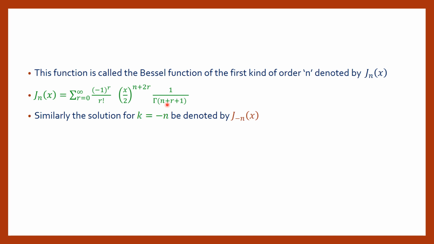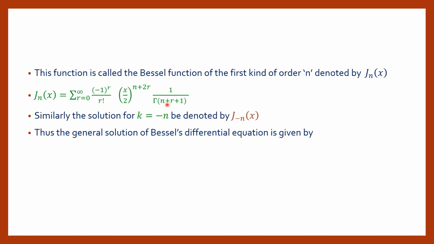Similarly, when k equal to minus 1, we will get another solution, and this solution we denote as J minus n of x. Thus, the general solution is written y equal to a Jn of x plus b J minus n of x, where a and b are arbitrary constants.